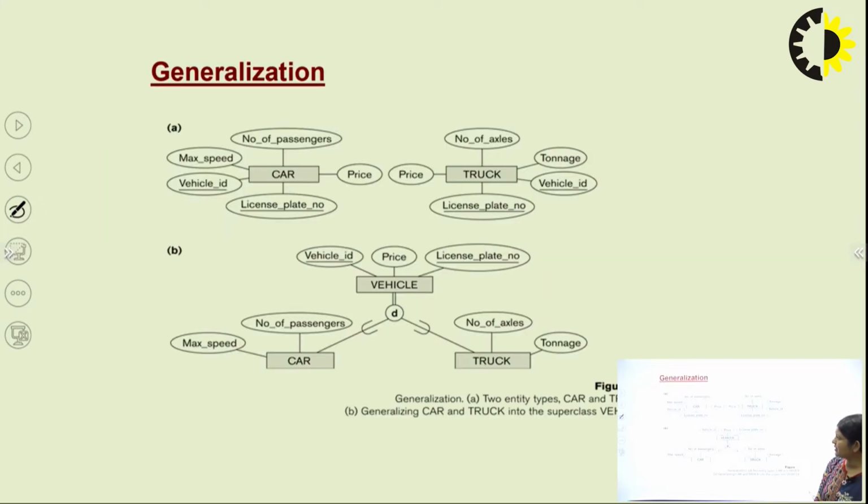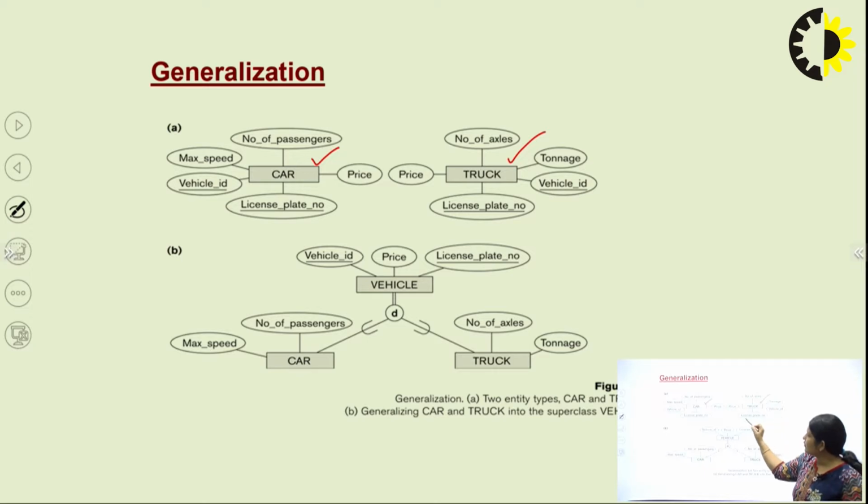Here is an example. We have two entity types or subclasses, car and truck. Car has its own attributes: license plate number, vehicle ID, max speed, number of passengers, price. Truck has price, license plate number, vehicle ID, tonnage, number of axles.